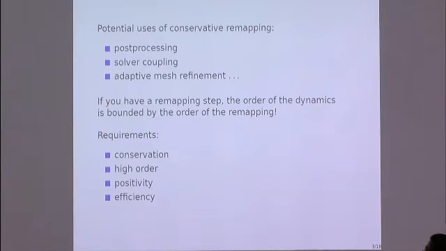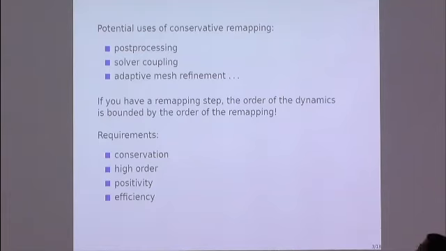And for example, in particular, adaptive mesh refinement, or everything which entails regridding. And remember that if you have a remapping step in the algorithm, the order of the dynamics is bounded by the order of the remapping.